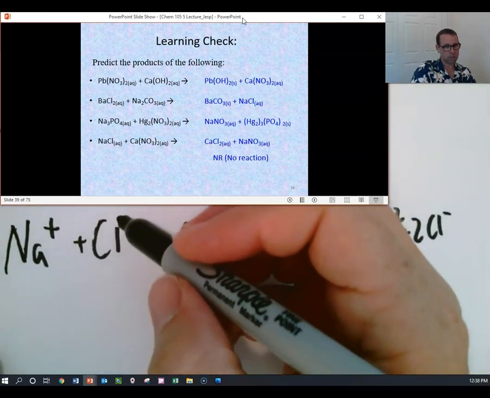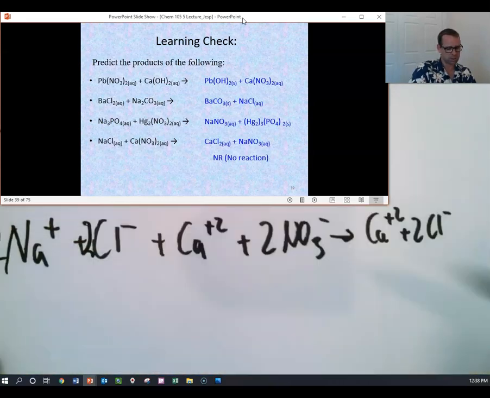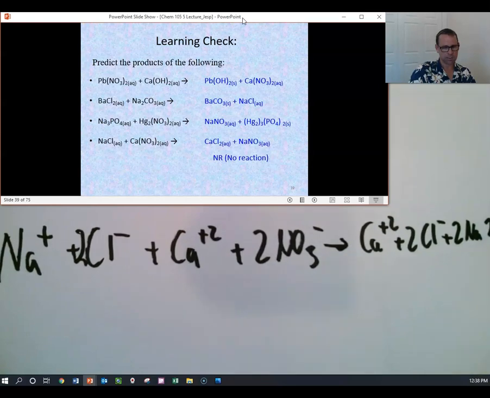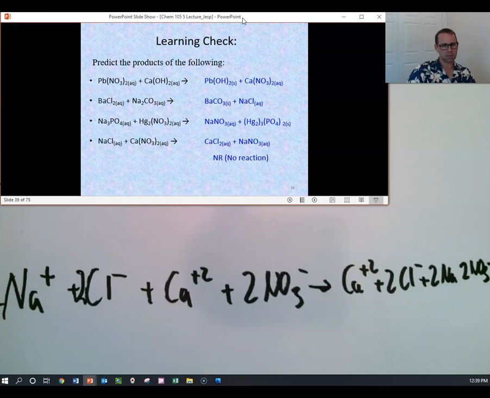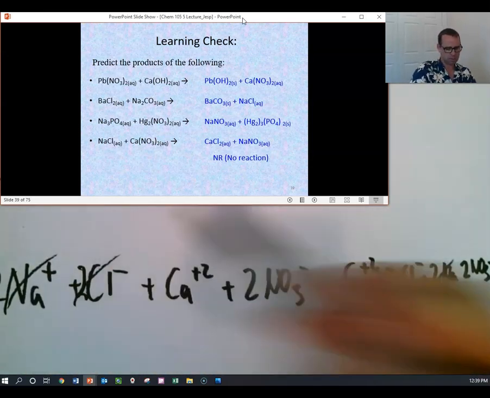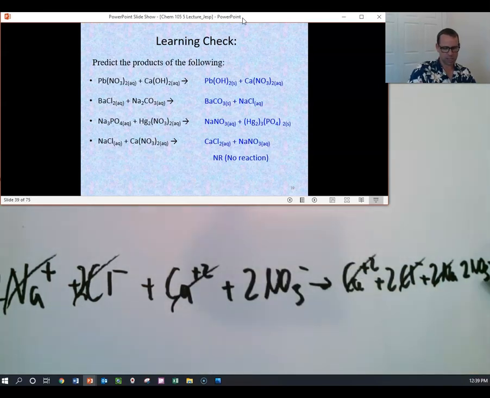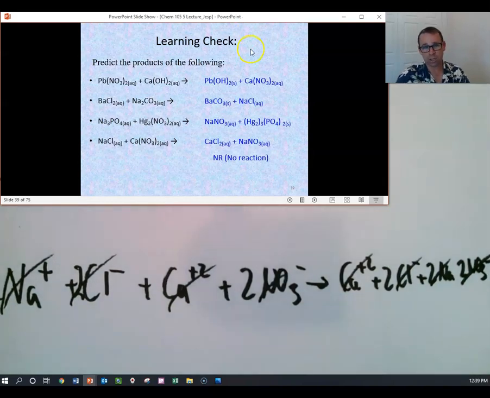I'm going to need 2 sodiums and 2 calciums to balance the equation. 2 chloride ions, 2 sodium ions, and 2 nitrate ions. So the result is nothing is a solid or a precipitate, and everything is just spectating. Nobody actually does any chemistry. So there's no reaction that occurs there.